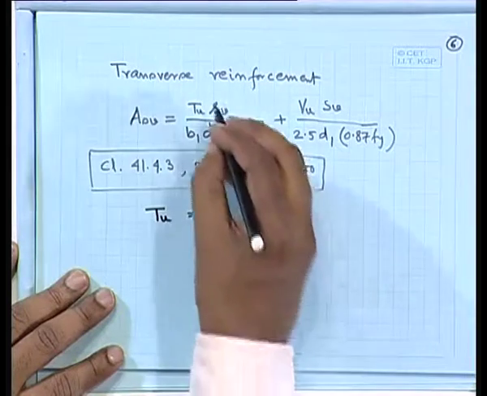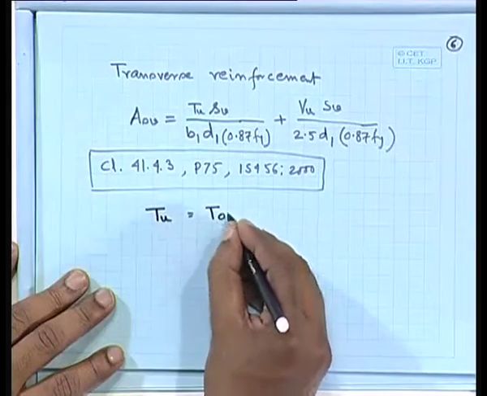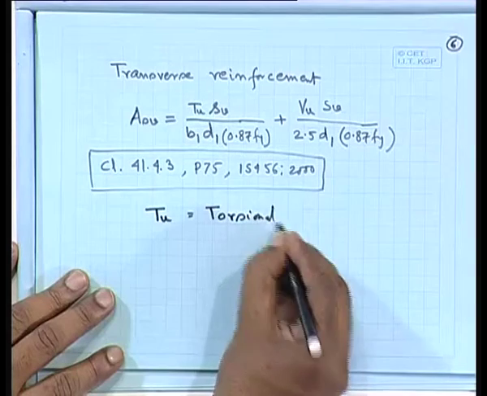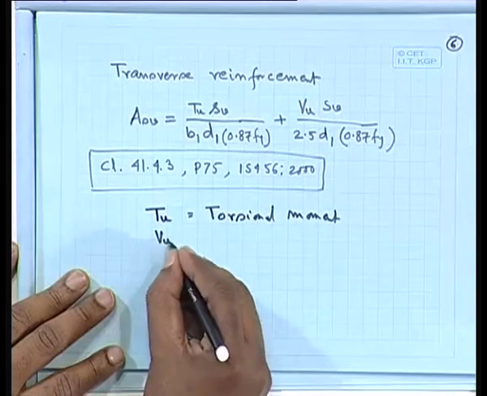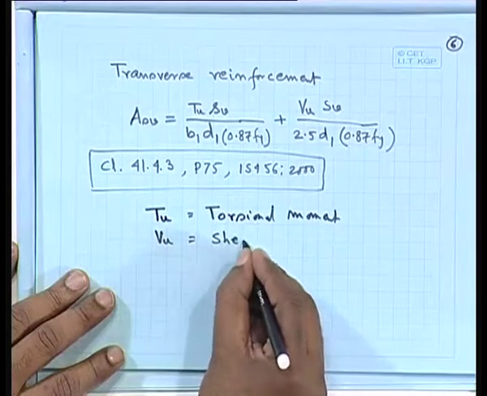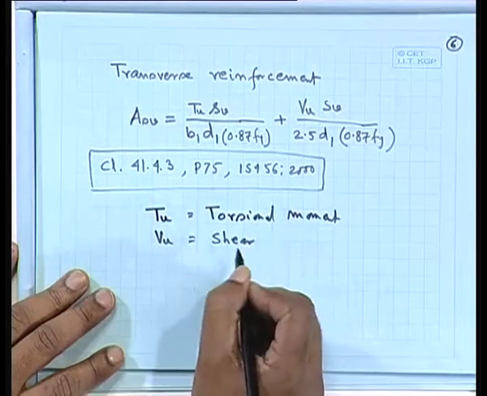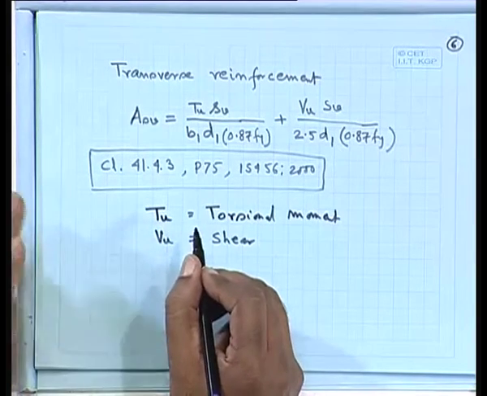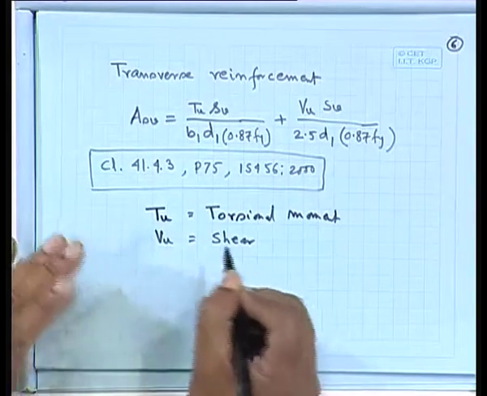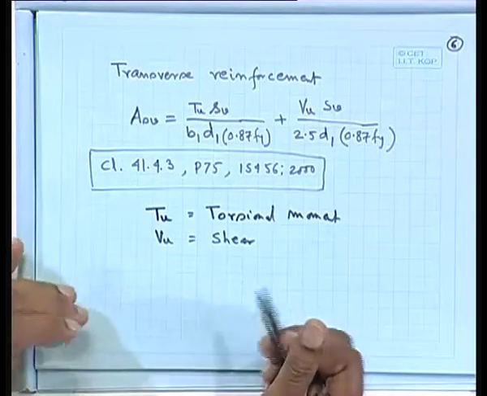Vu is the shear. Please note that Vu is the shear, whatever it is coming due to applied load; we have not taken the equivalent.